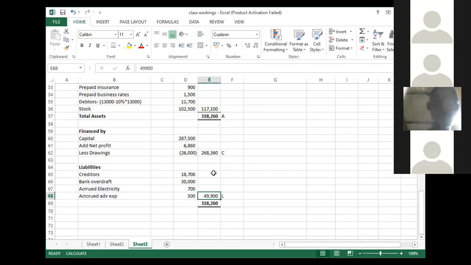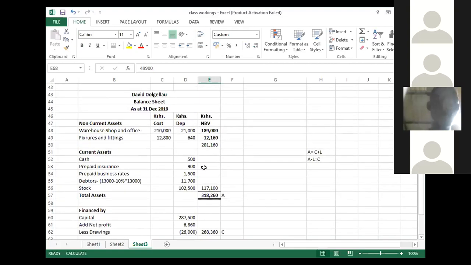What about cash in till? Didn't we record cash in till? My friend, Otengo Victor, this is here. Cash in till, 500. What is wrong? Or you wanted me to write it in full, cash in till?